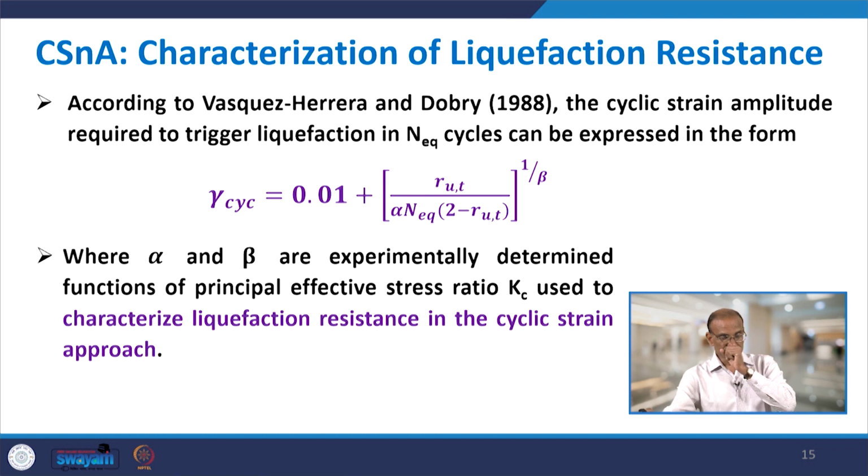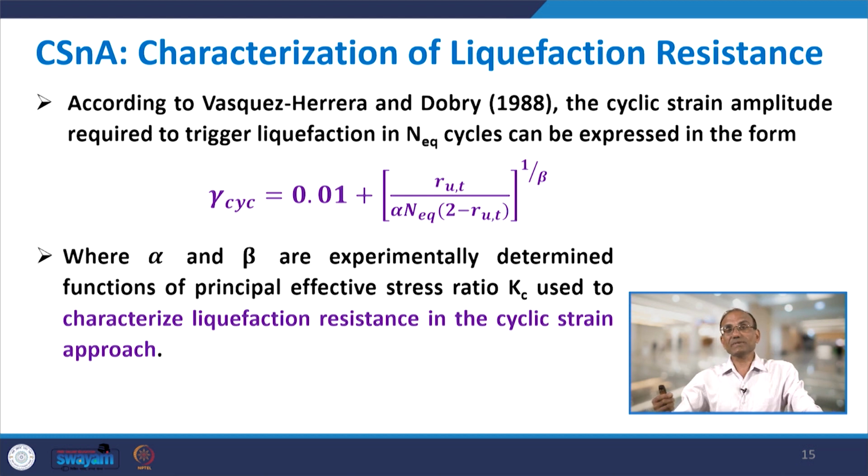Coming to this, suppose for the cyclic stress approach we have cyclic stress ratio versus the value of Ru and number of cycles. There was a relation, if you recall, between Ru and N by NL. Similarly, there is a relation between the cyclic shear strain developed and a particular value of pore water pressure ratio Ru,t.